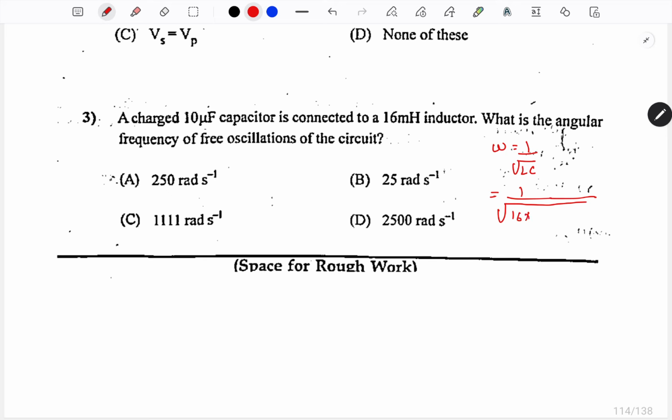L is equal to 16 into 10 to the power minus 3, multiplied by 10 microfarad, meaning 10 into 10 to the power minus 6. If you solve this, 1 divided by 4 into 10 to the power minus 4, so the answer will be 0.25 into 10 to the power 4 radian per second, which is equal to 2500 radian per second. Option D.